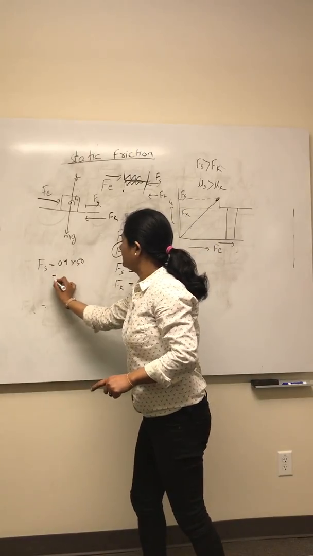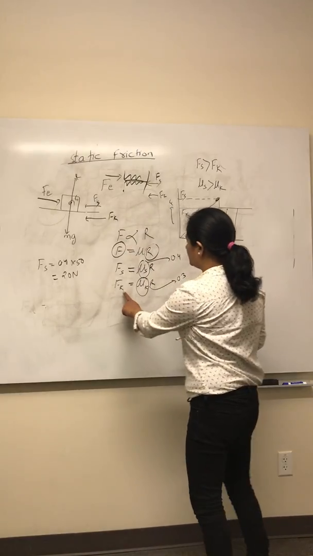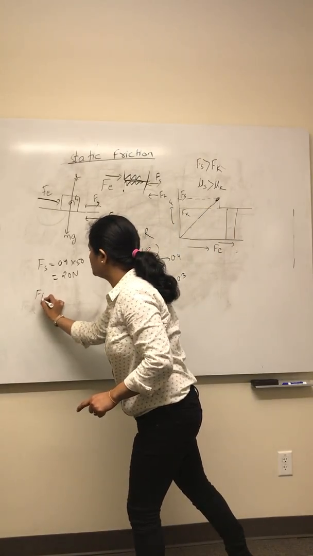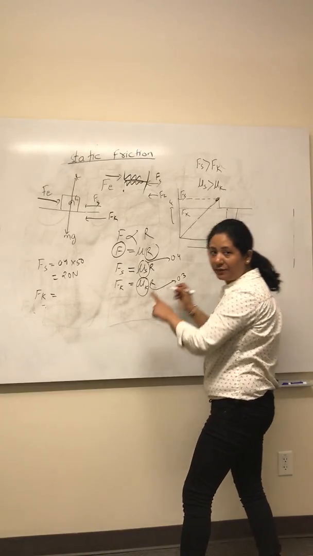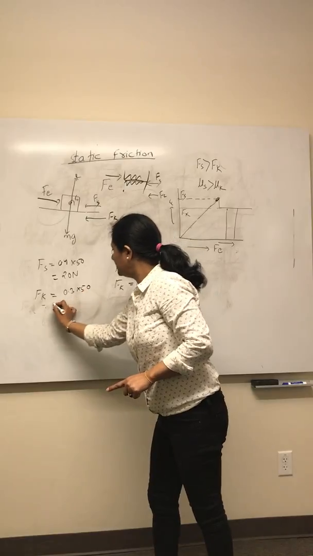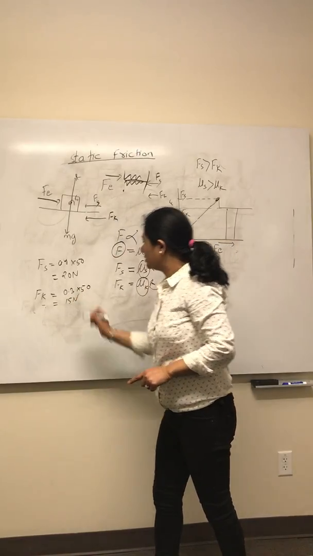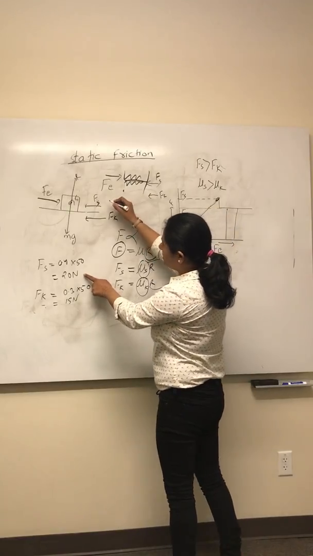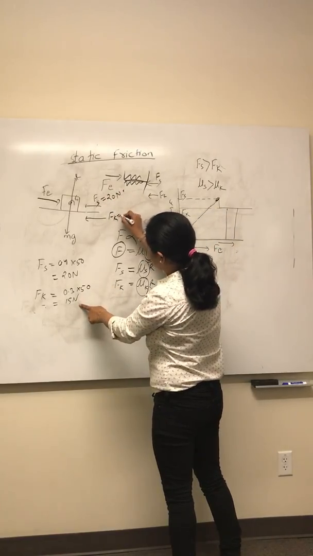So 0.4 times 50 is 20 newtons. Similarly, for the kinetic friction, Fk equals mu k times R, which is 0.3 times 50, or 15 newtons.